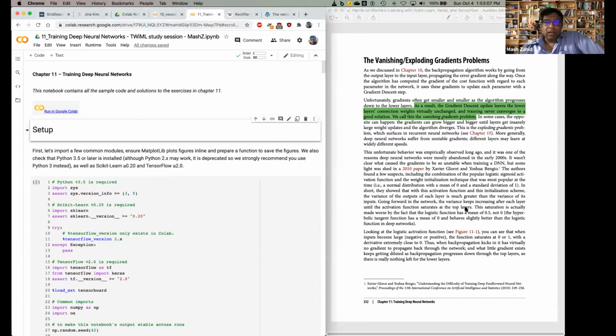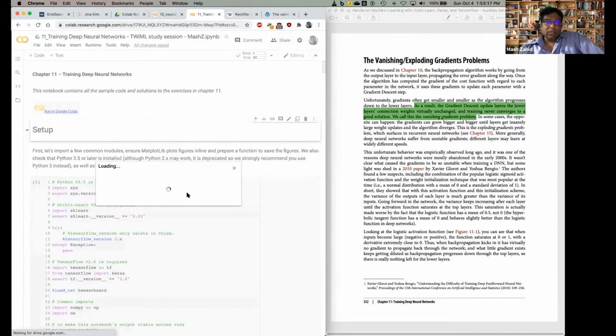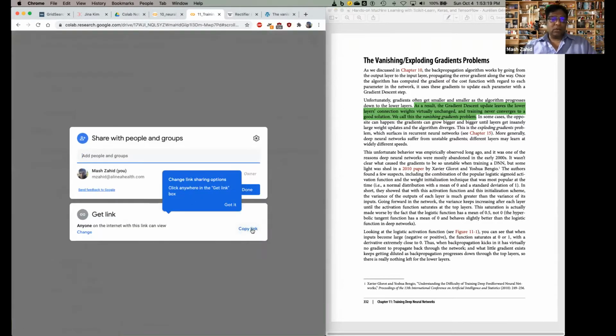If you can see my screen, I've got the book on the right and the Colab notebook on the left. If anyone needs to get a copy of this Colab notebook to run on their own, I will post it both on the chat as well as on Slack.